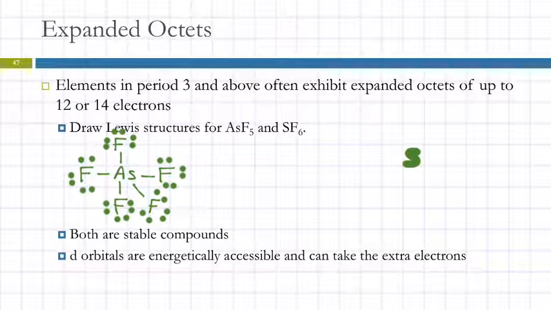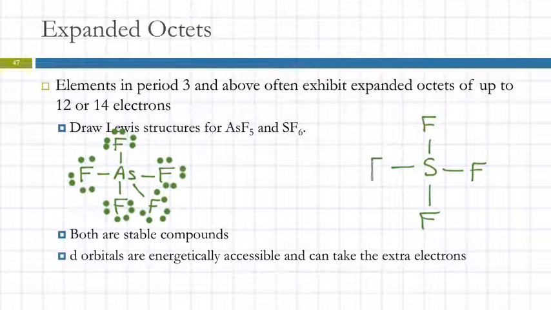So this sulfur and 6 fluorines this time. So there's 5 and 6. 6 times 7, 42, plus 6 for the sulfur, 48, right?